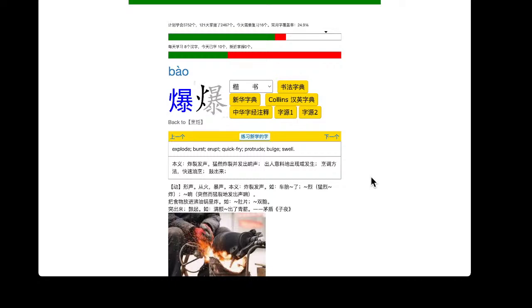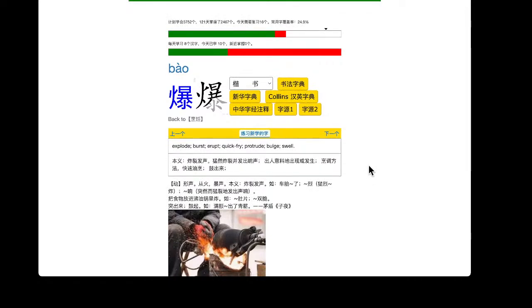Then you put the food in, you hear the sound, you very quickly stir it, and take out the food very quickly. So this is called a bao.